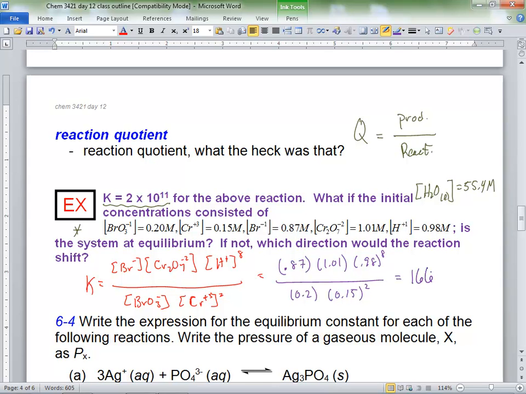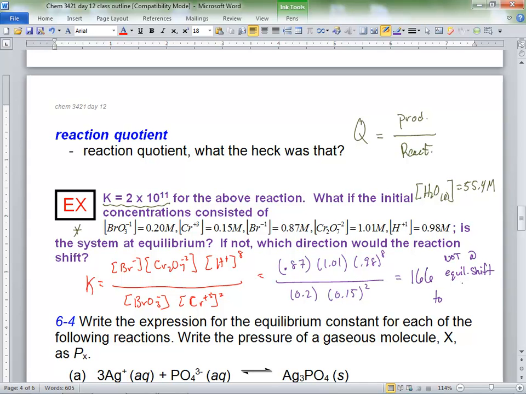It's going to shift where? Right? You're not at equilibrium. Which direction is it going to shift?